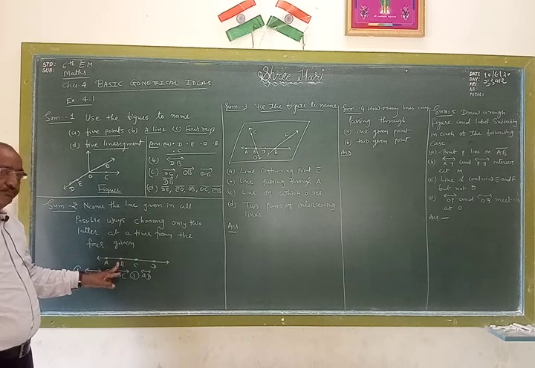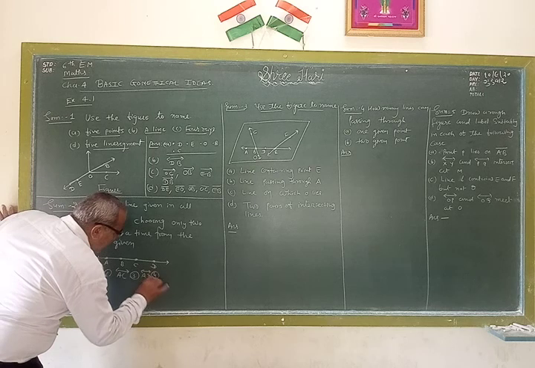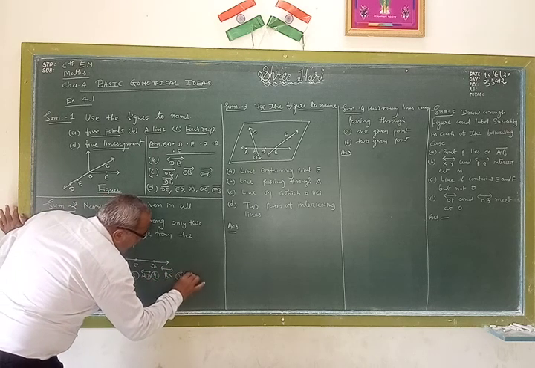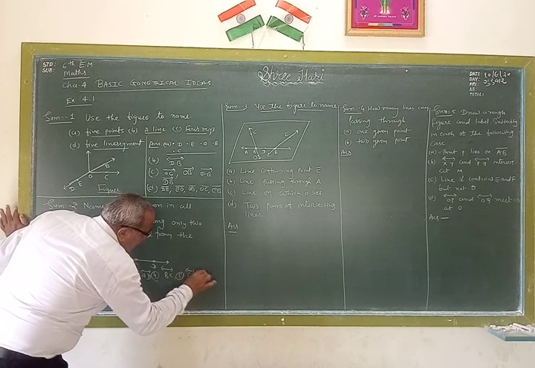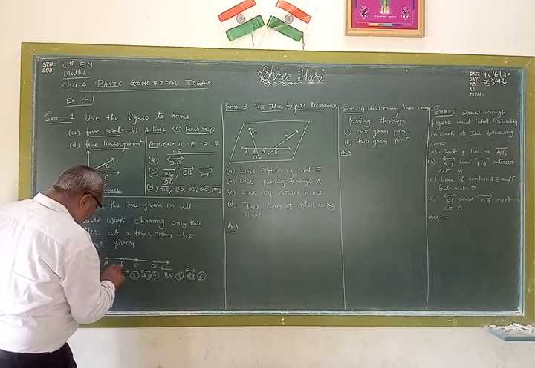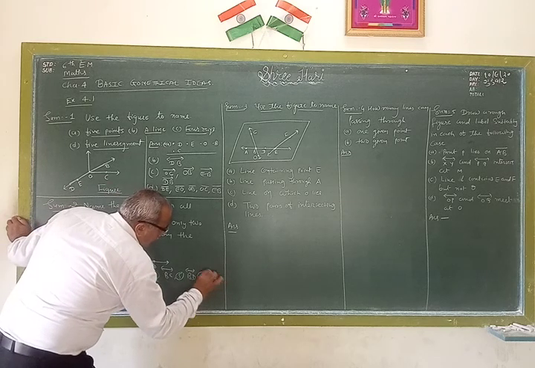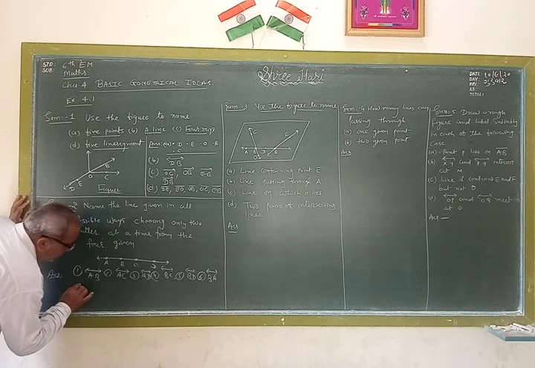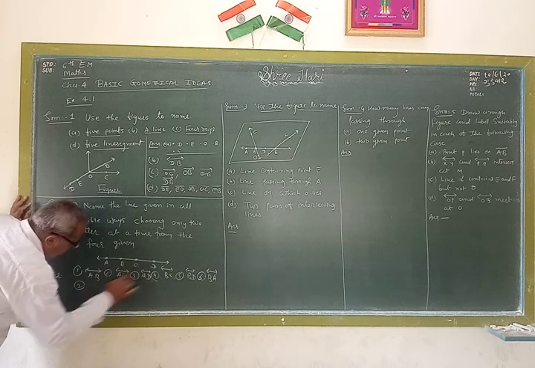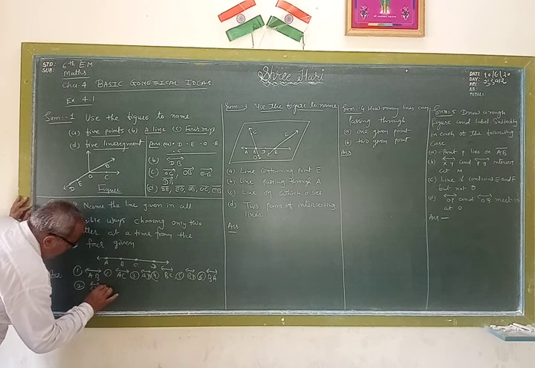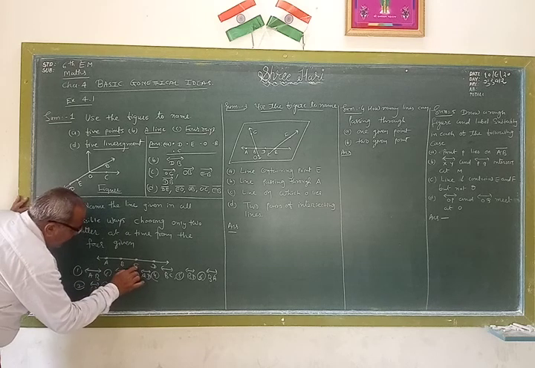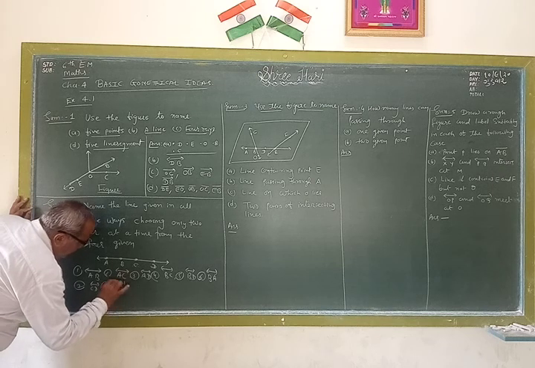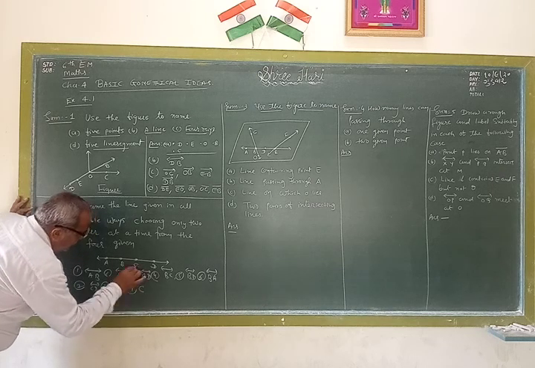Now start from B. 4, line BC. 5, line BD. 6, line BA. Now with the help of C, number 7, line CD. 8, line CB. 9, line CA.